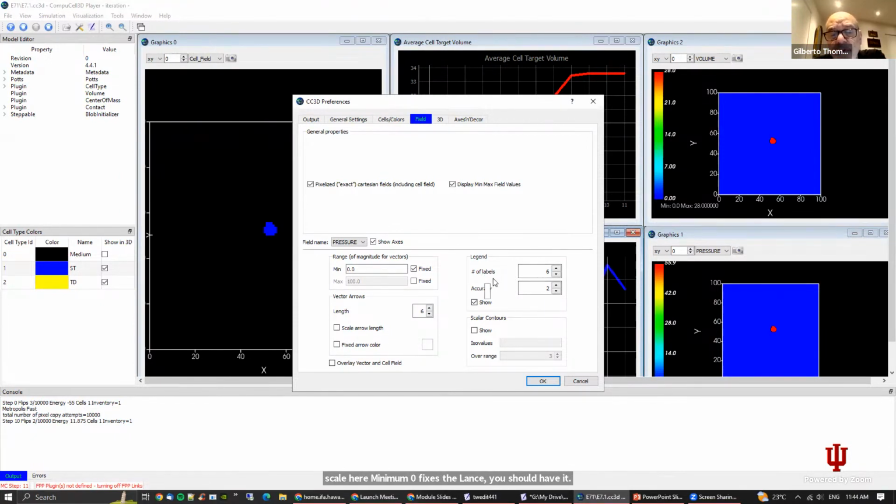If you want to put legends, how many legends? So it has a kind of configuration for the way you see that window. There is also a possibility to put scalar contours, which is not the case right now, but anyway, it has this too.